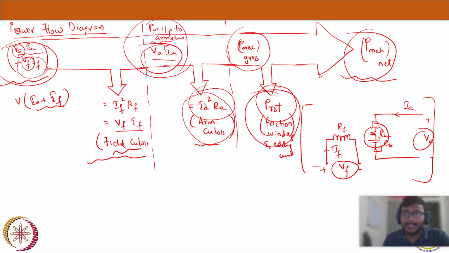Okay, so this power input to the armature, as we see here, is nothing but V·IA, which is equal to my total mechanical output power available at the shaft end plus the losses we have till that point, that is rotational losses and also the armature copper losses.